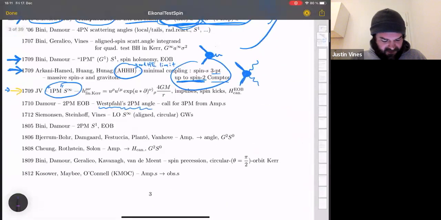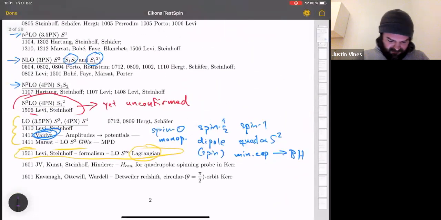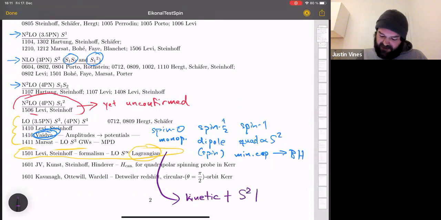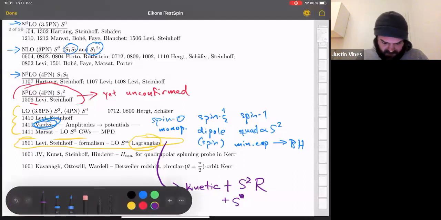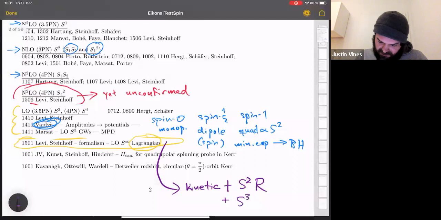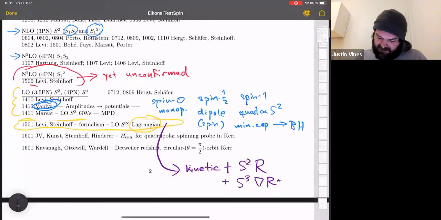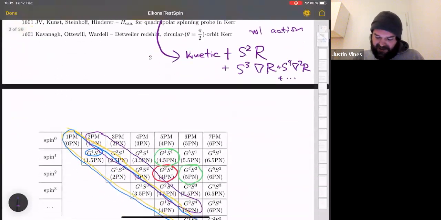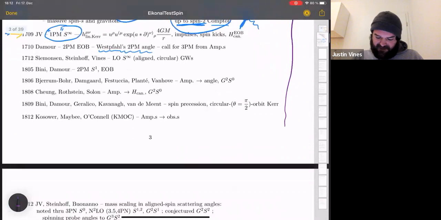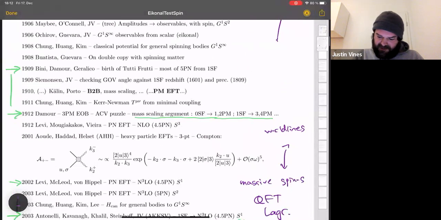of this very important paper here, this Levi-Steinhoff Lagrangian, which, roughly speaking, is like kinetic terms plus spin squared times Riemann plus spin cubed times grad Riemann plus spin to the fourth times grad squared Riemann, etc. So that kind of world line action, how does that relate to these field theory Lagrangians a couple years later?